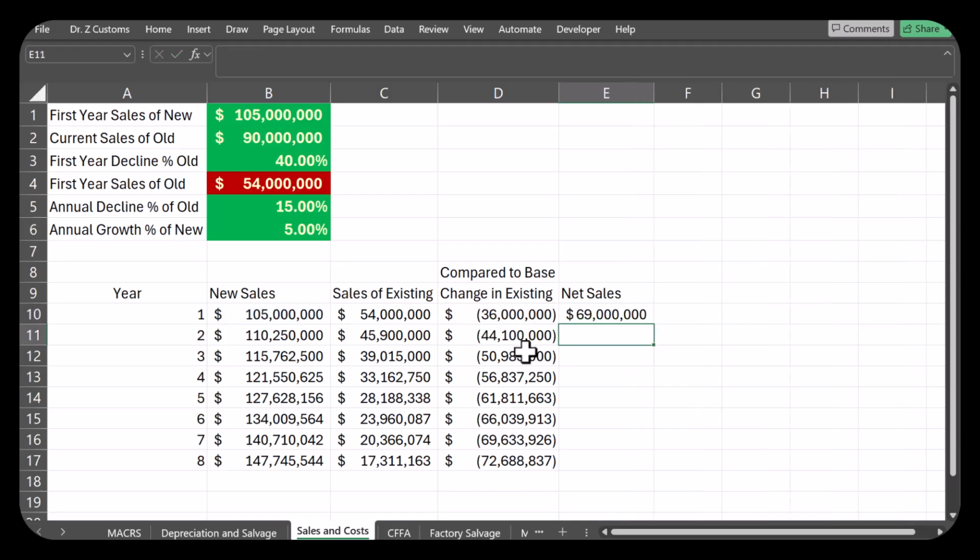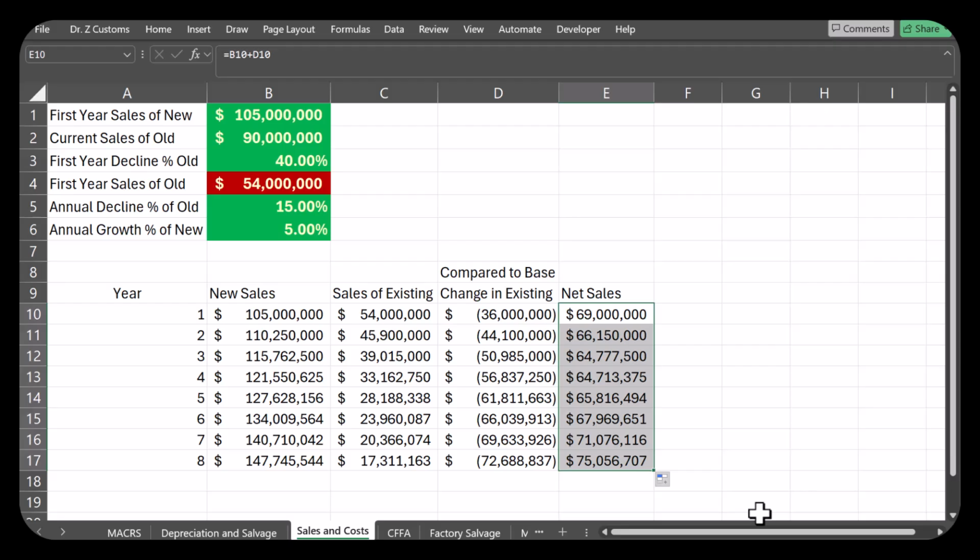So even though I am selling 105 of the new, because I have the side effect, the negative side effect of $36 million, the net benefit to my sales of the new product is only 69. All right. To make calculations for net working capital, that's pretty much all I need.